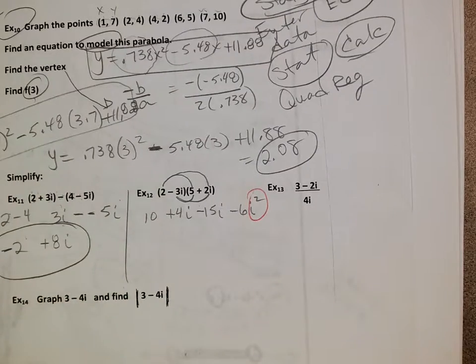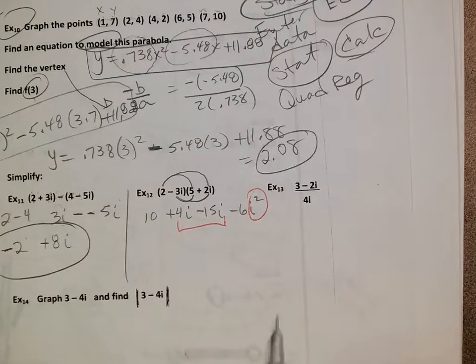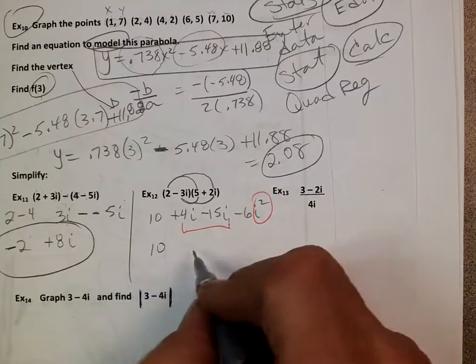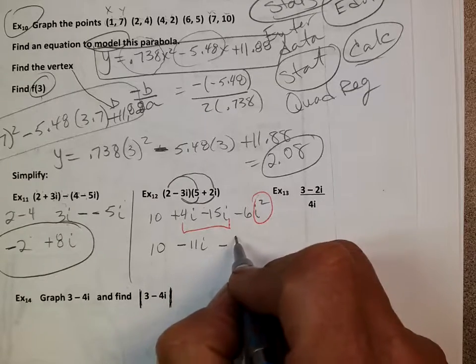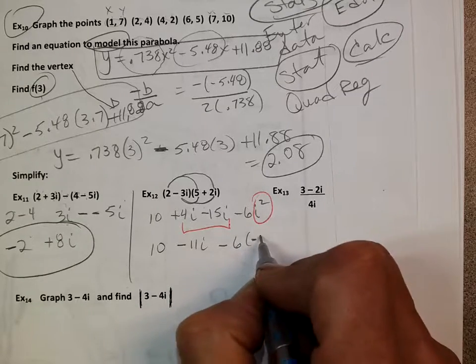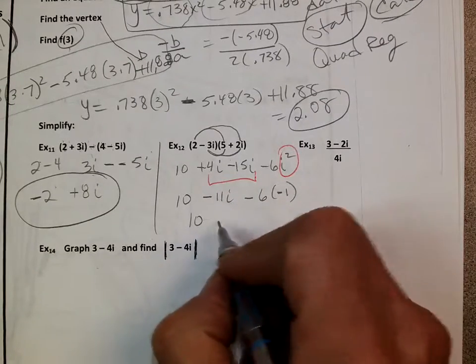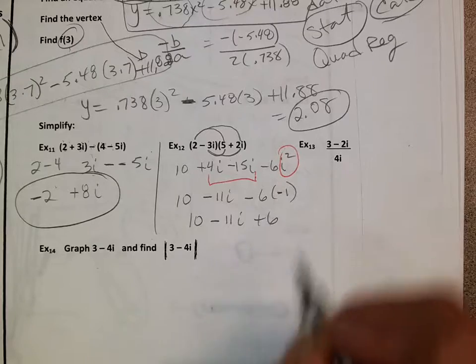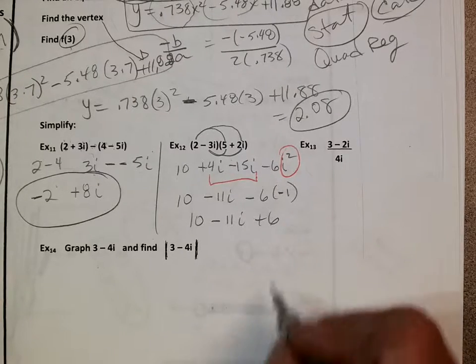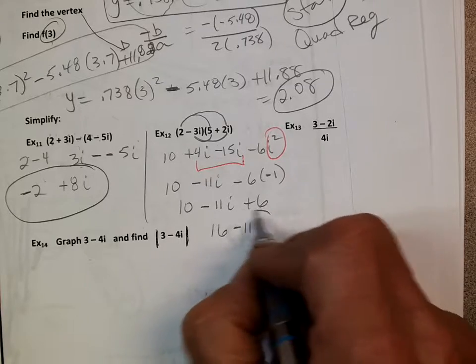I'm going to subtract these two i terms because they're the same. I'll go 10 minus 11i minus 6 times negative 1. 10 minus 11i plus 6. 16 minus 11i.